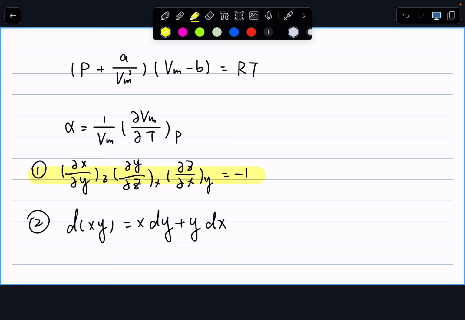So alpha thus equals 1 over Vm times the partial derivative of Vm over T at constant P. And you can solve it as R Vm squared, so this Vm third becomes Vm squared, that's all. Times (Vm minus b) squared divided by RT Vm third minus 2a times (Vm minus b) squared.